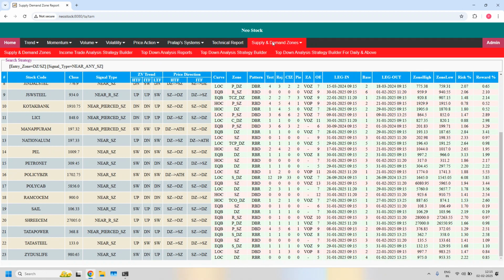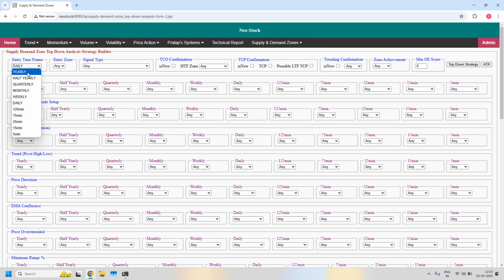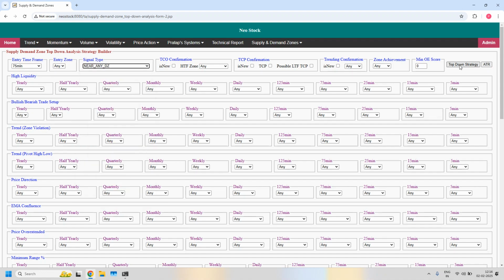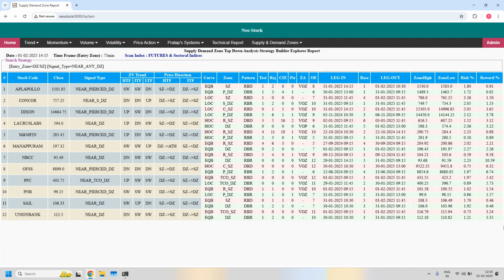Okay, next time frame is 75 minutes, the entry time frame. Let us find the stocks near the 75 minutes demand zone. We got 12 stocks. Let us identify high liquidity 75 minutes demand zones from this list.